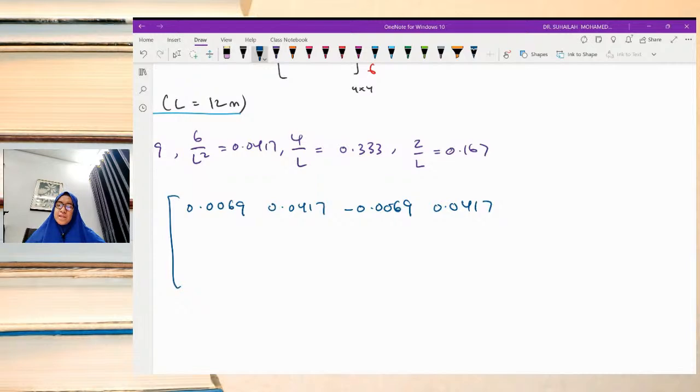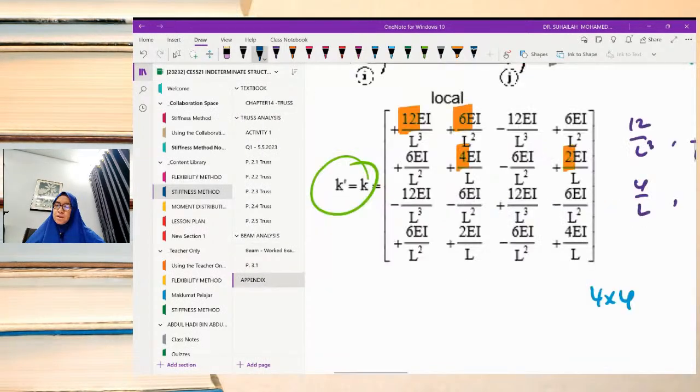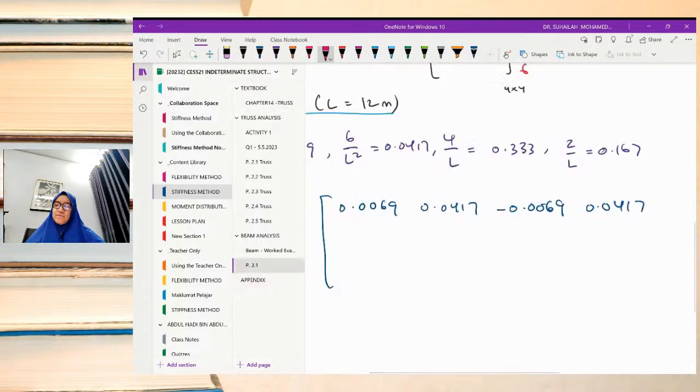Okay, next value, this one is 4 divided by L. 4 divided by L is 0.333.